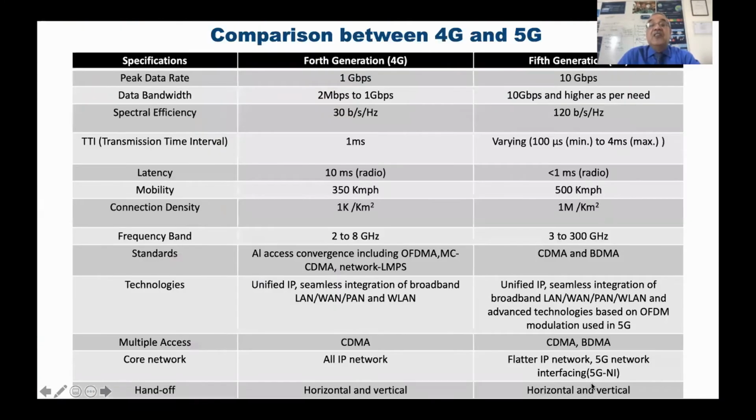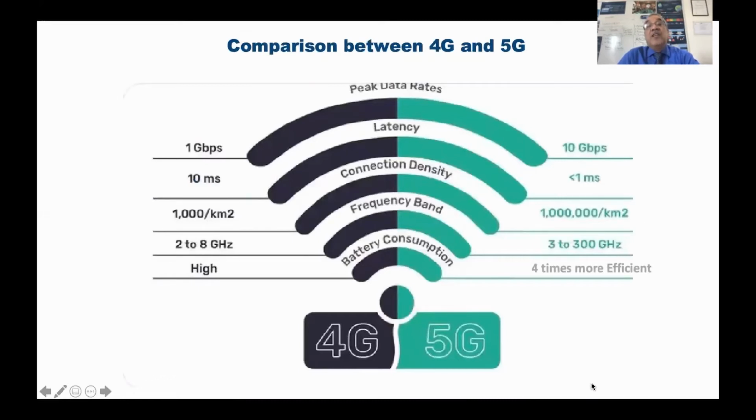And I just want to show from here the comparison between 4G and 5G, because we are in 4G today and we are moving towards 5G. The main comparison points, as can be seen here, are in the peak data rates. Earlier we were talking up to 1 gigabit. Now we are talking beyond 10 gigabit.